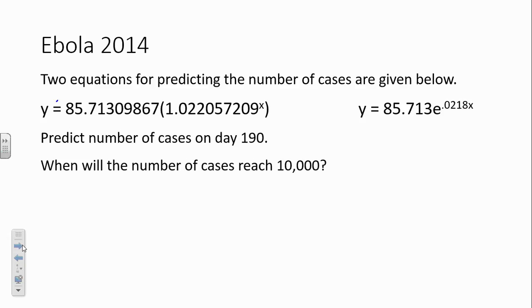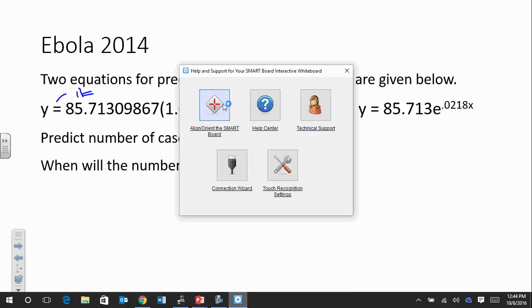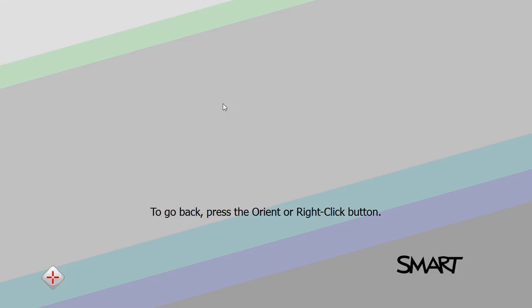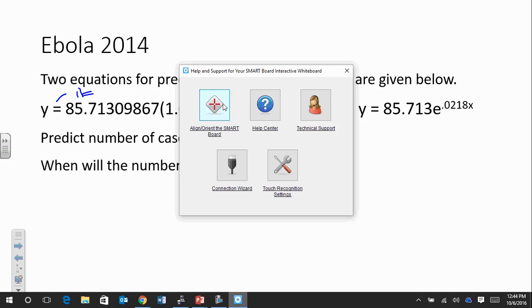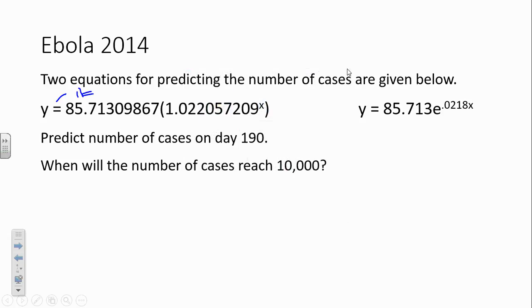So y stands for the number of cases, and x stands for the days since the initial report was made, the number of days since the first report.